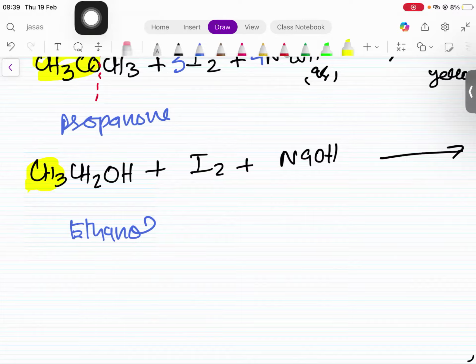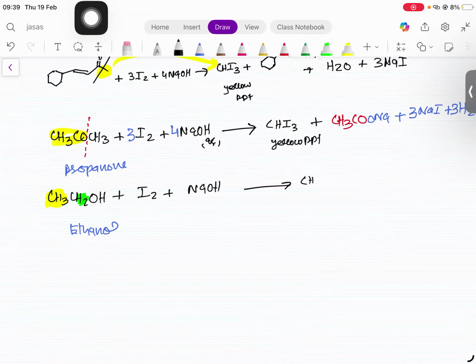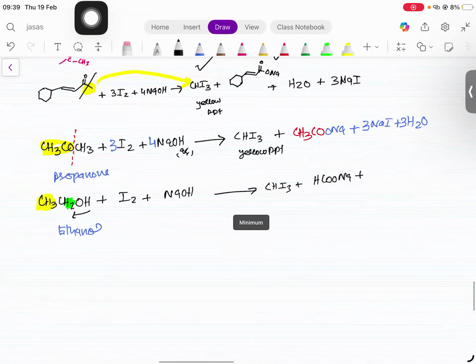CHI3 में. Okay? So what is left? You have to oxidize it. क्योंकि पहले वो alcohol जो होता है वो oxidize होते हैं. So you have to remove these two hydrogen. When you remove these two hydrogen, so the product will be CHI3 plus it is left only with HC. So HCOONA plus NaI plus H2O.